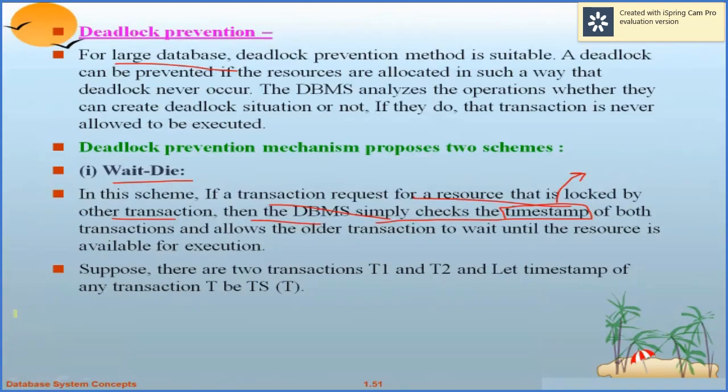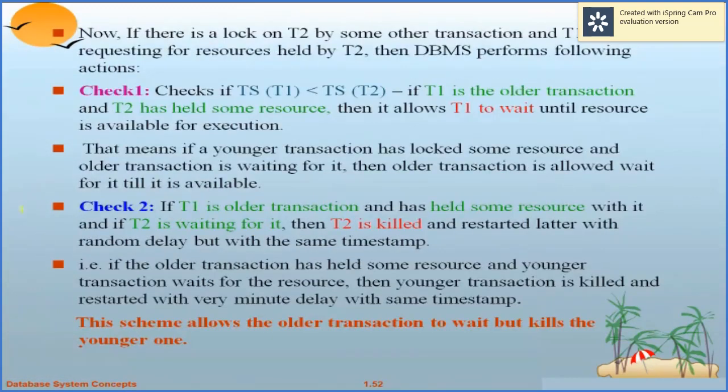Let's try to understand the wait-die condition. I have two scenarios. First, check whether the timestamp value of T1 is less than the timestamp value of T2. If so, first find out which one is older.